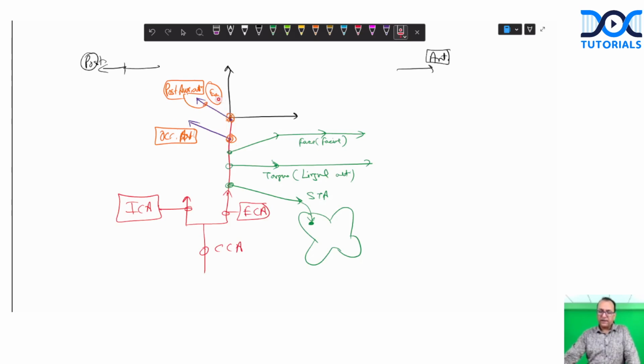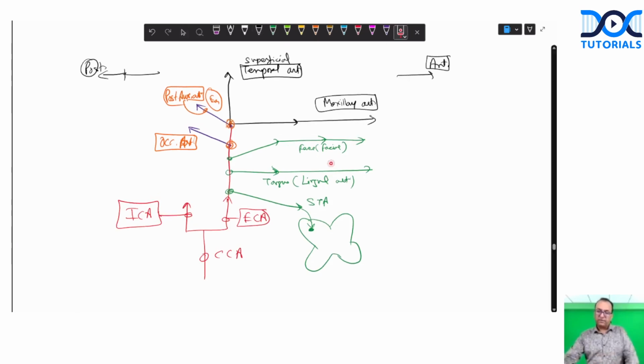One going behind the ear, hence posterior auricular artery, and then 2 terminal branches. In the 2 terminal branches, one is going to supply the maxilla bone. As it is supplying the maxilla bone, it is called maxillary artery. And the other one supplying the temporal bone is called temporal artery, full name, superficial temporal artery.